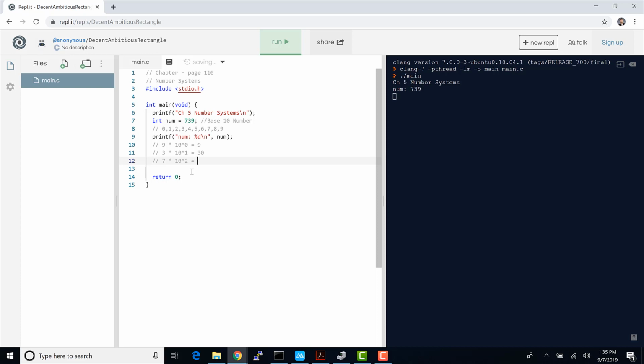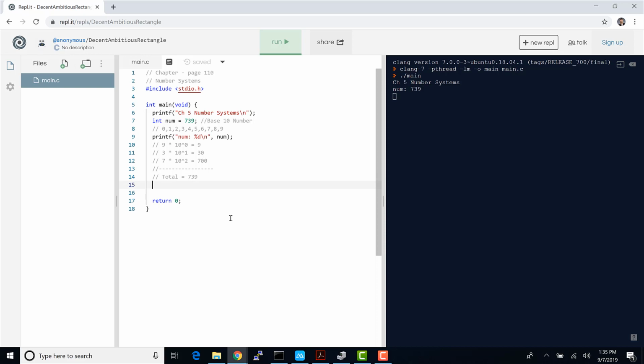That would be 7 times 100, because 10 raised to the 2 is 100, so that would give us 700. And if we added all those up, the total would be 739.